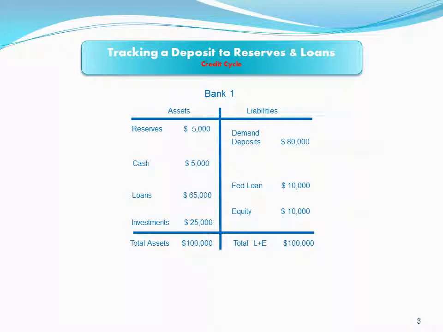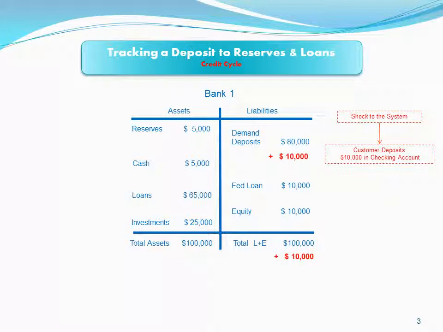So let's see what happens when a depositor enters into this, making a deposit in the bank. So essentially I like to look at this as a shock. We had a beginning position, and now a customer deposits $10,000 in a checking account.